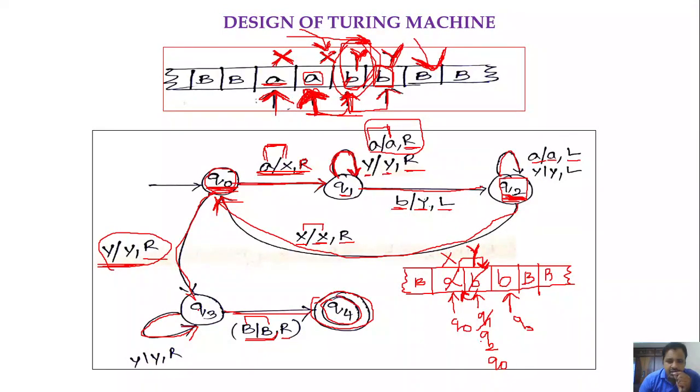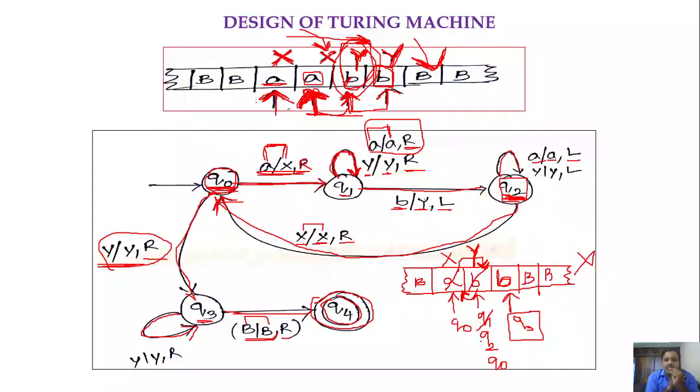In Q3, we don't have a transition for input b. So the Turing machine has halted in state Q3. Since the Turing machine has halted in the non-final state Q3, the string ABB is rejected.